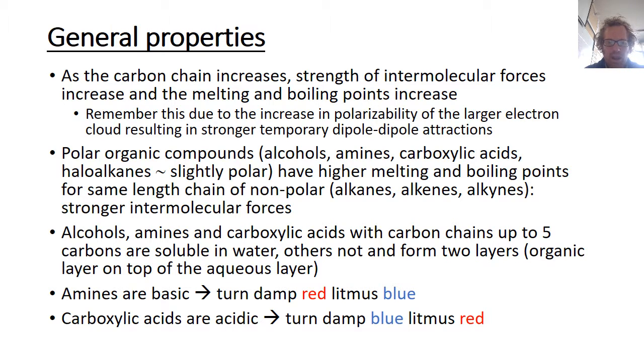But the alkanes and alkenes and alkynes, they are not as strong and polar, and are not soluble in water, forming two layers with the organic layer generally on top. And the other properties, amines were basic, so we can use red litmus paper to detect them because it will turn blue, whereas carboxylic acids will turn damp blue litmus paper red.